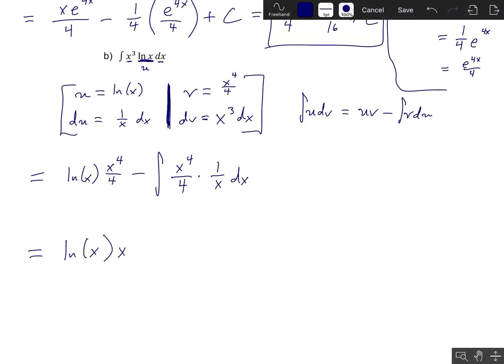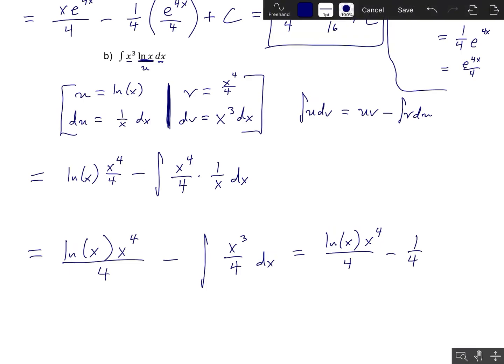And now we can simplify this a little. So the original integral that we wanted to compute is this, minus the integral of, here I can cancel a factor of x from the numerator and denominator. So this would become an x cubed over 4 dx. And if you'd like, you can factor out the 1/4 from the integral here.